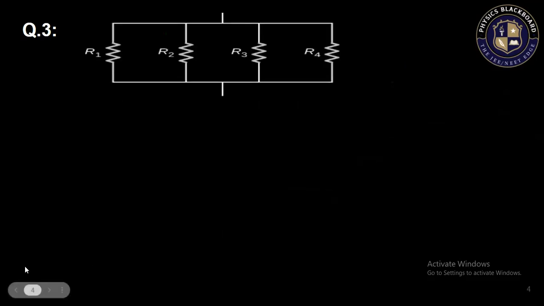Now we see question 3. Here you can see that, let's say, the current is passing from point A. Let's say this is point A and this is point B. Now the current is passing from point A to point B. When the current is passing from point A, here you can see that the current will get divided across each resistor.